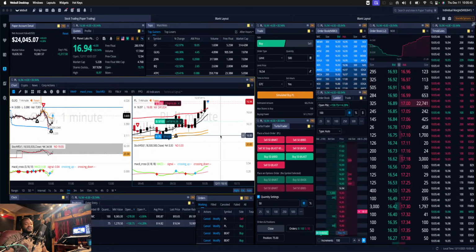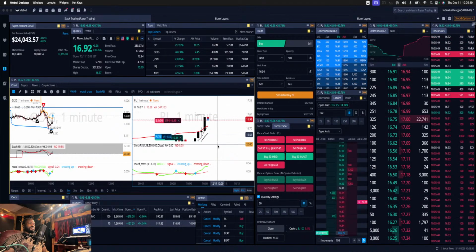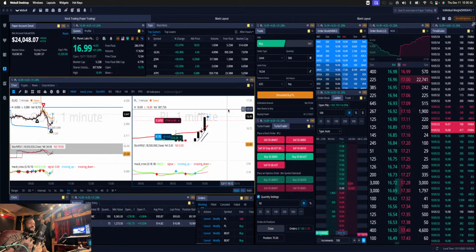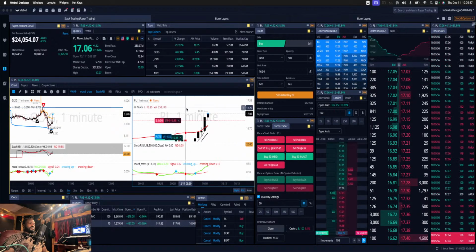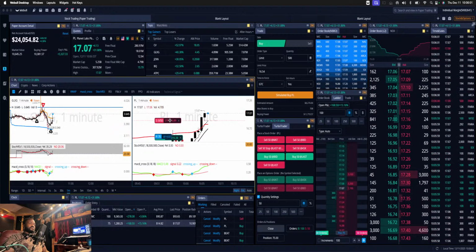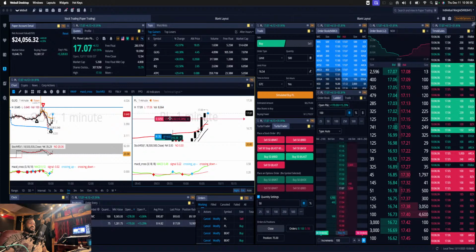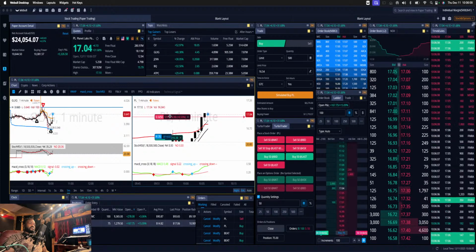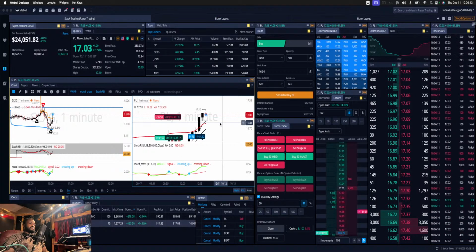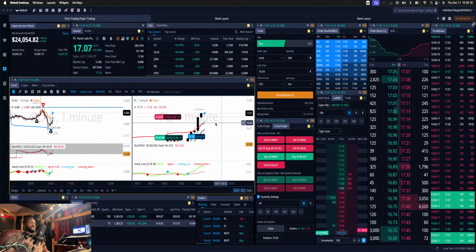If it doesn't close red, it could close red and it looks like a squeeze is happening, so it could very much be up. There we go. So I'm moving. I have stop loss for 50.